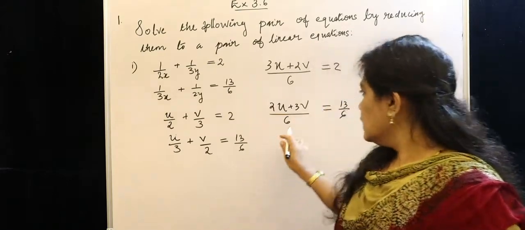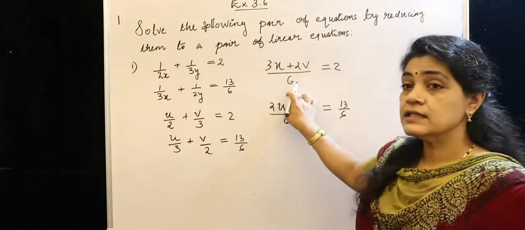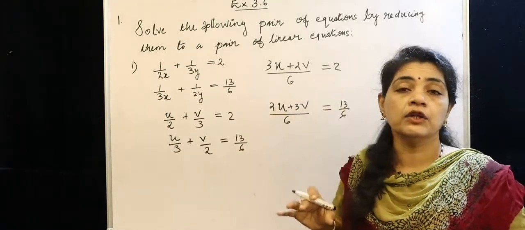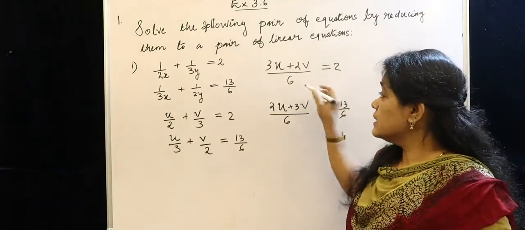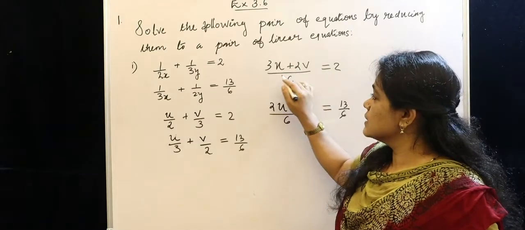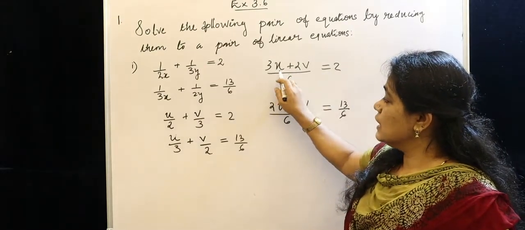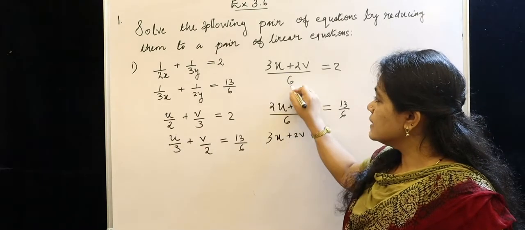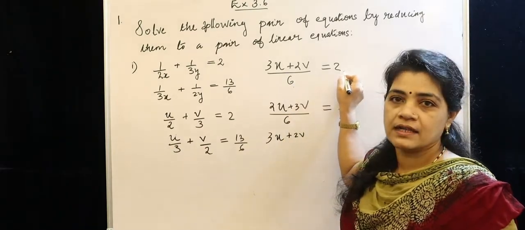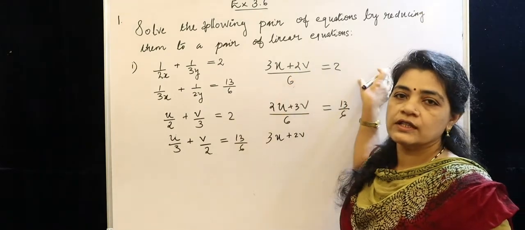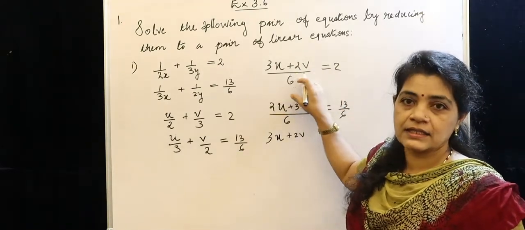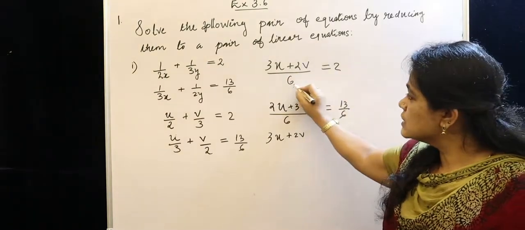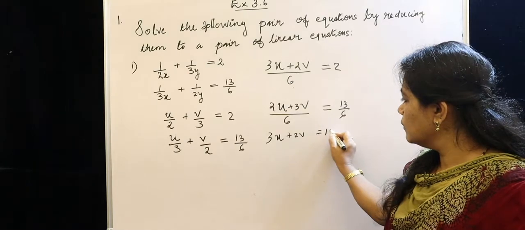Now again, see here you can see a denominator, but in the general form there is nothing in the denominator. So we can easily take this 6 to the RHS. Hence this reduces into 3u plus 2v, and 6 is going to the RHS. This is under division, so when it goes to the RHS from the LHS, it will go along with the 2 under multiplication. So 6 into 2 is 12.